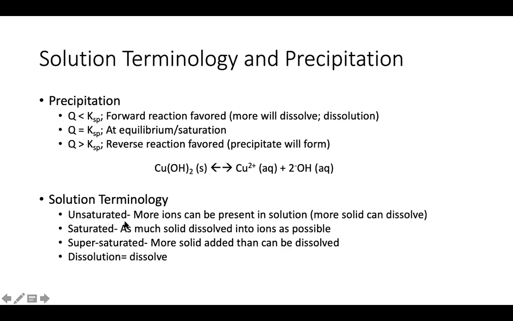It means that you can dissolve more of that solid into its respective ions. A saturated solution means that you have dissolved as much solid into ions as you can. That corresponds with Q being equal to your KSP.